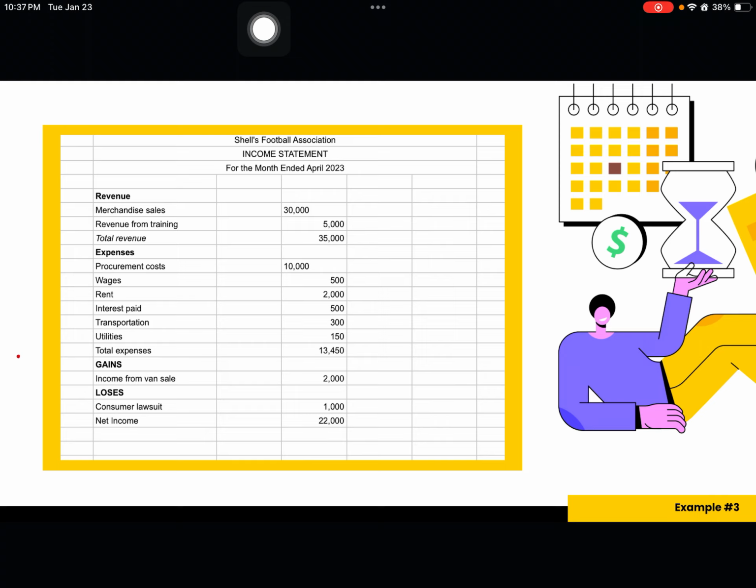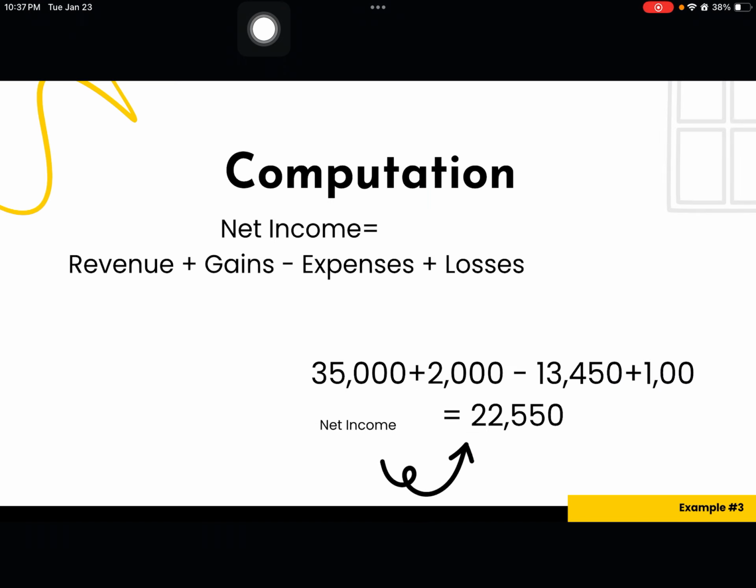They gained 2,000 by selling an old van, while facing a loss of 1,000 for settling a consumer lawsuit. Now, to calculate the net income, let us enter the values in the following equation. Revenue plus gains minus expenses minus losses: 35,000 plus 2,000 minus 13,450 minus 1,000 is equal to 22,550, which is our net income.